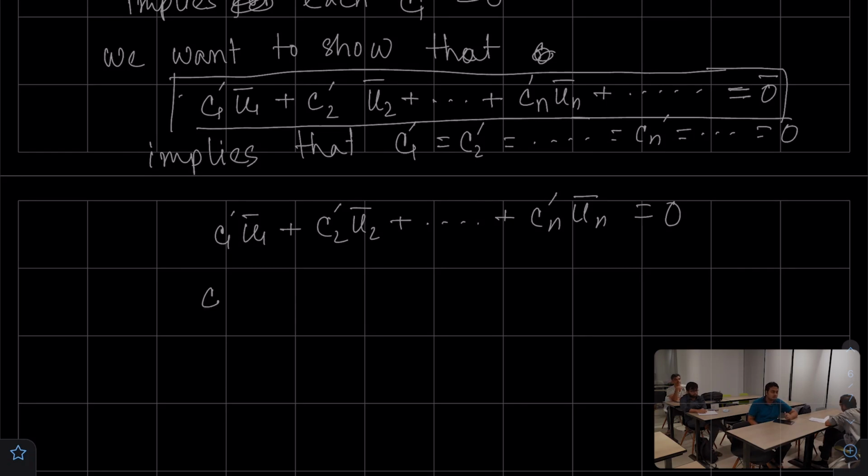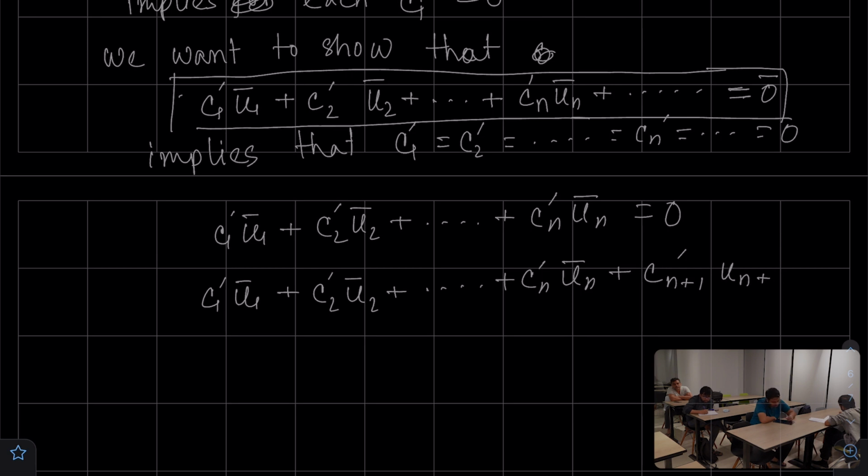Then you start with the n plus 1 term. So if I add another term, c1 prime u1 vector plus c2 prime u2 vector plus cn prime un vector plus cn+1 prime un+1 vector, and if I set this to 0, then what will be cn+1 prime?